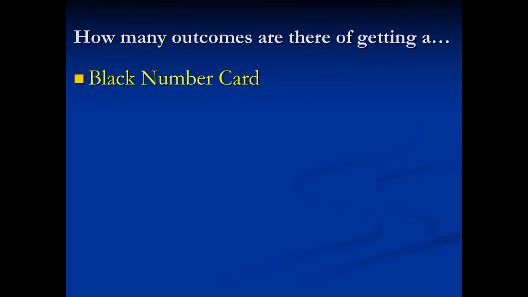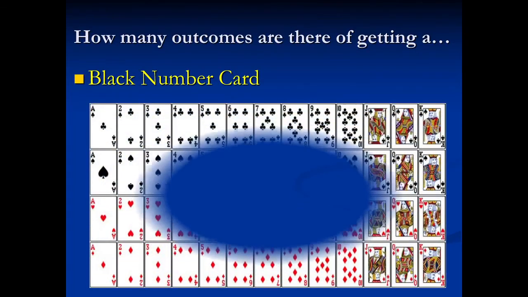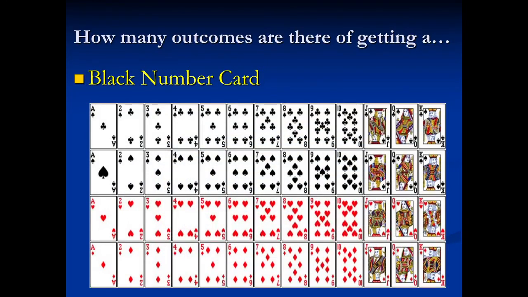A black number card. You have there the cards. Black number card. How many? What are number cards? 2 to 10. From 2 to 10, how many cards are there? 2, 3, 4, 5, 6, 7, 8, 9.